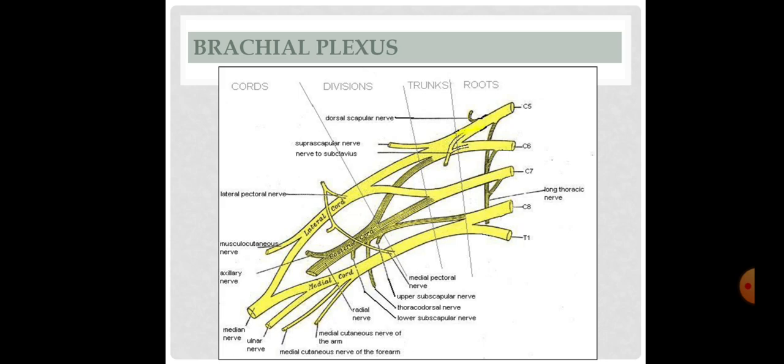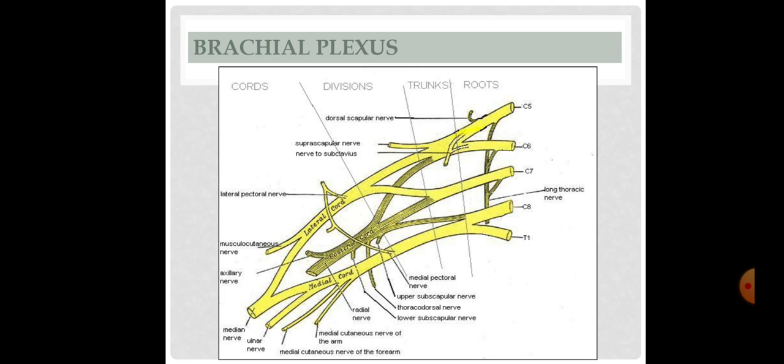Okay, let's see what the branches are from the different cords. From the lateral cord, three nerves originate. One is the lateral pectoral nerve. The medial pectoral nerve will arise from the medial cord. Then the second nerve arising from the lateral cord is the musculocutaneous nerve.